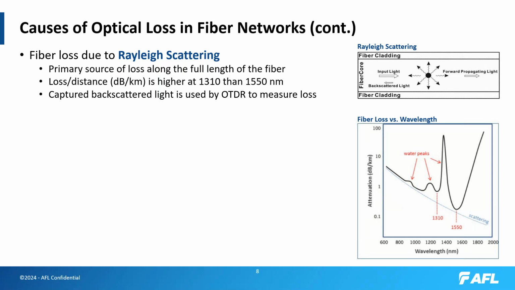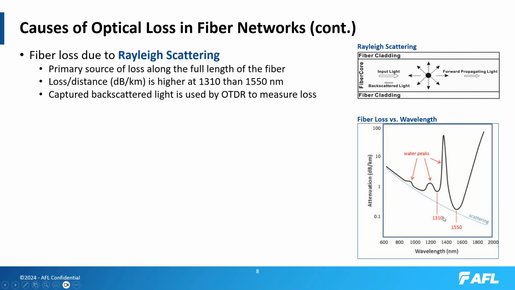Additional causes of optical loss in fiber networks could be fiber loss due to Rayleigh scattering. This is the primary source of loss along the full length of the fiber. And typically the loss per distance is higher at 1310 nanometer wavelength than at 1550 nanometer wavelength. The longer the wavelength, up to about 1550, the lower the loss will be.